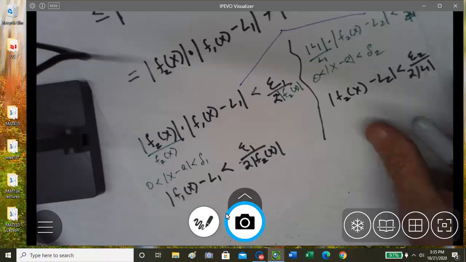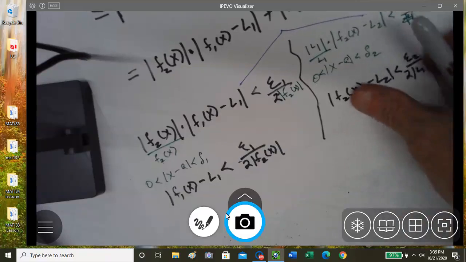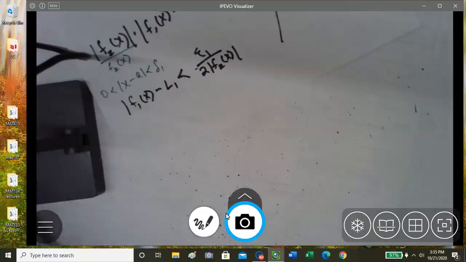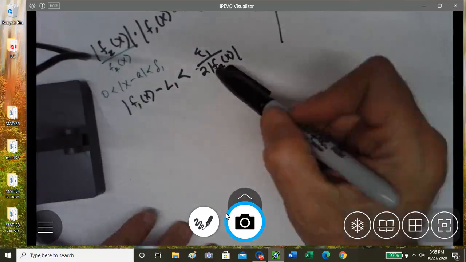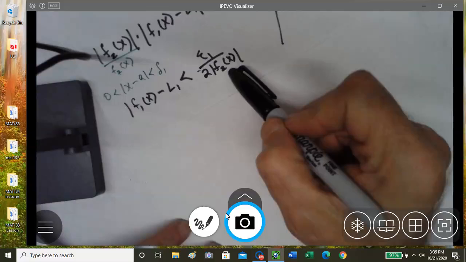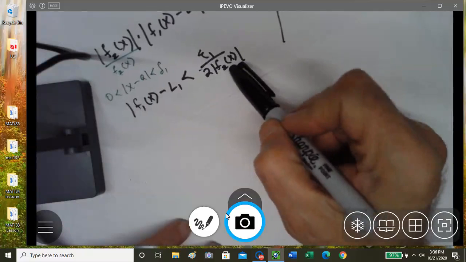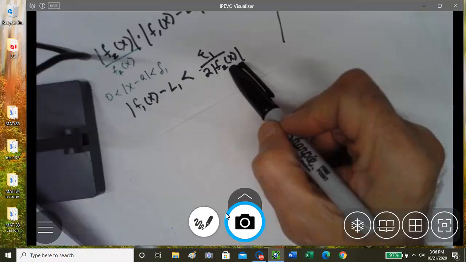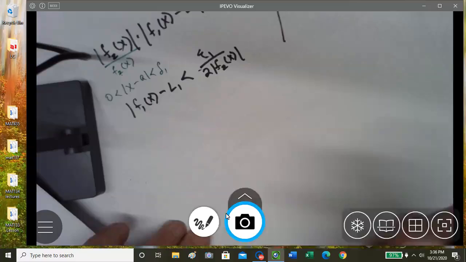Okay, so we're going to address each one of these. Since we want to make this a constant, we have to address that f2(x).